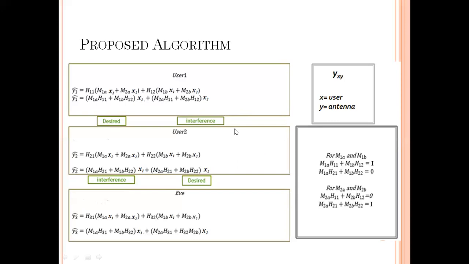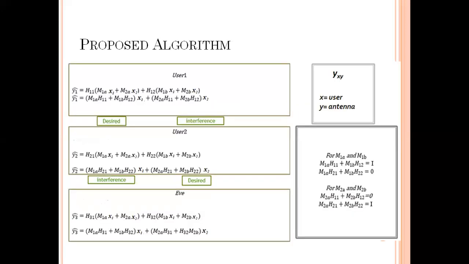Similarly, for M2A and M2B, we equate the x2 interference term with the zero matrix and the desired term of user 2 with the identity matrix.